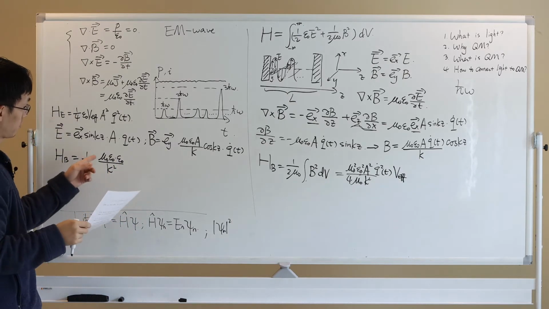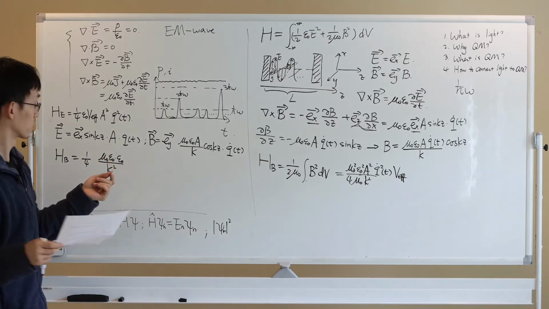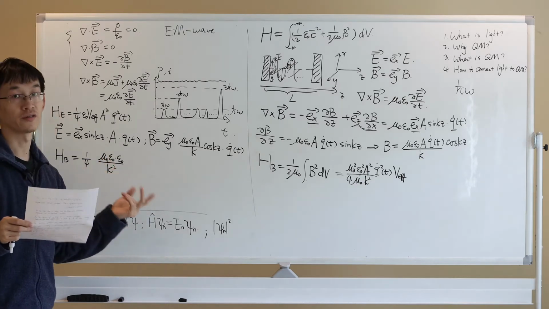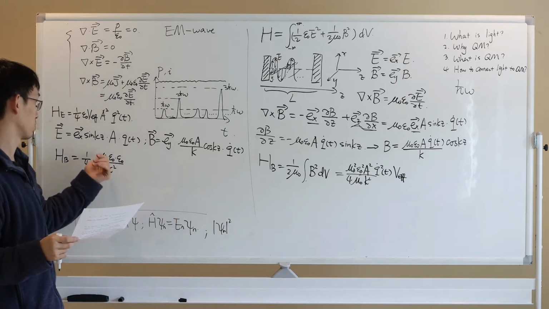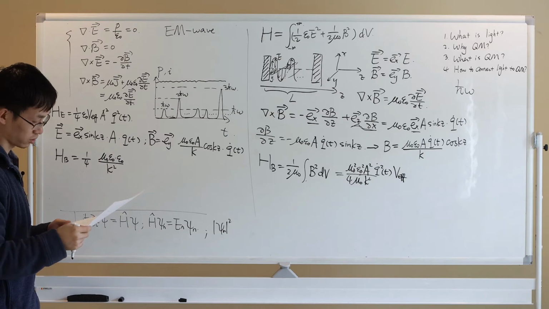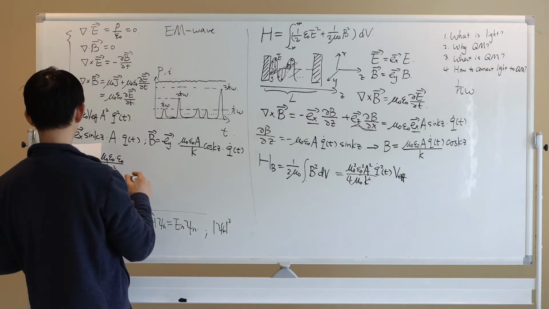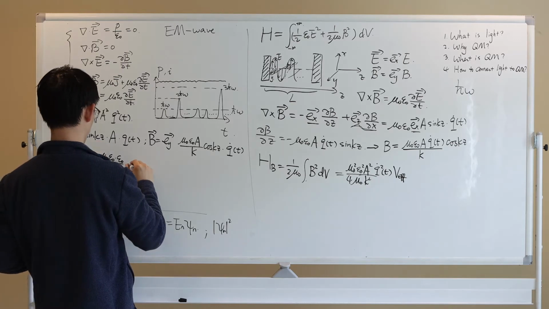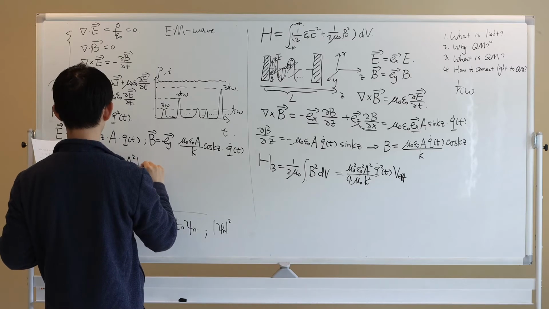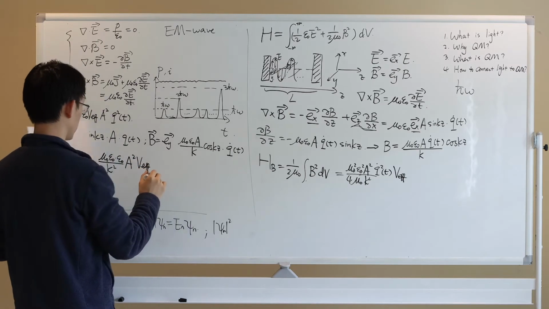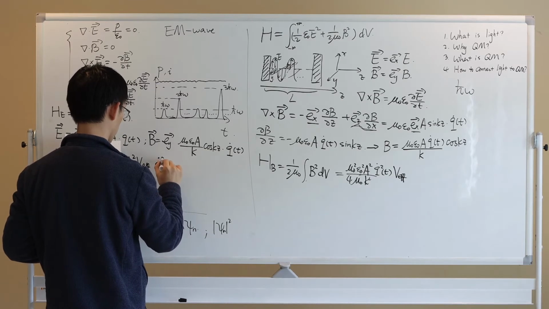Here you can notice that mu naught epsilon naught gives you 1 over the speed of light squared, and k can be defined as omega divided by c, so that these two will ultimately cancel each other. And then we can keep going here, and then we have a square, which is the same here, v effective, which is also the same here, and then q naught t square.